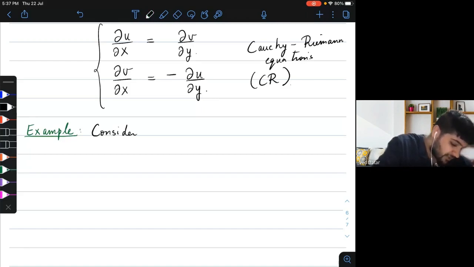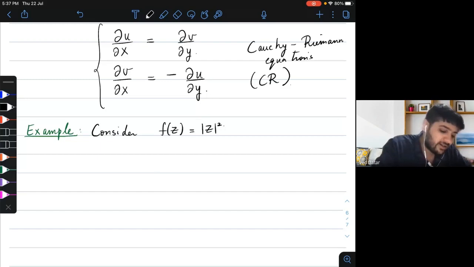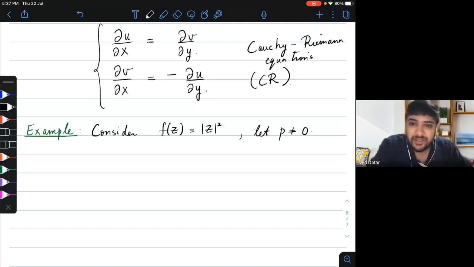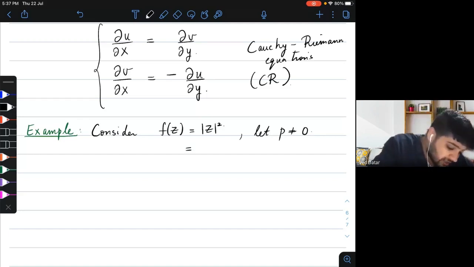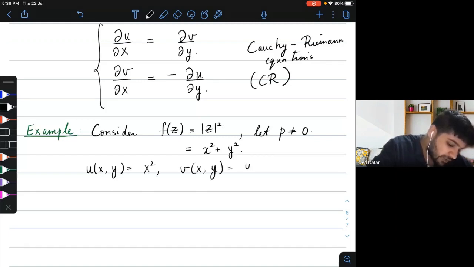So consider the function f of z to basically be mod z squared, right? And let P be any non-zero point. In terms of the real coordinates, this is just x squared plus y squared. So that means u of x, y is x squared plus y squared, and v of x, y is 0.